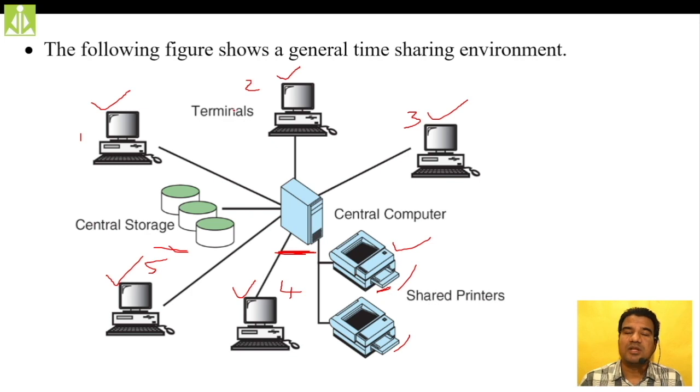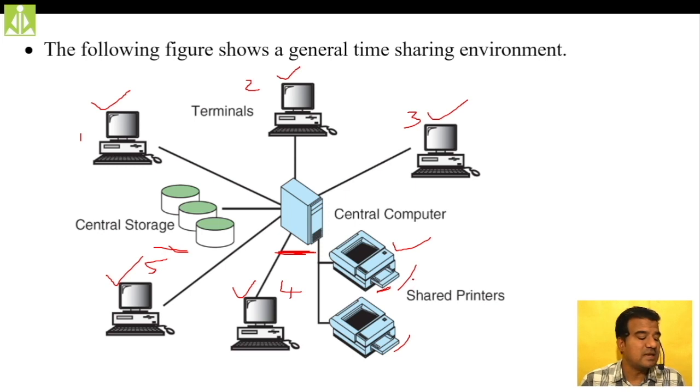So what does terminal 2 have to do? Terminal 2 has to wait until terminal 1 completes its job and leaves the printer vacant, so that terminal 2 can print.